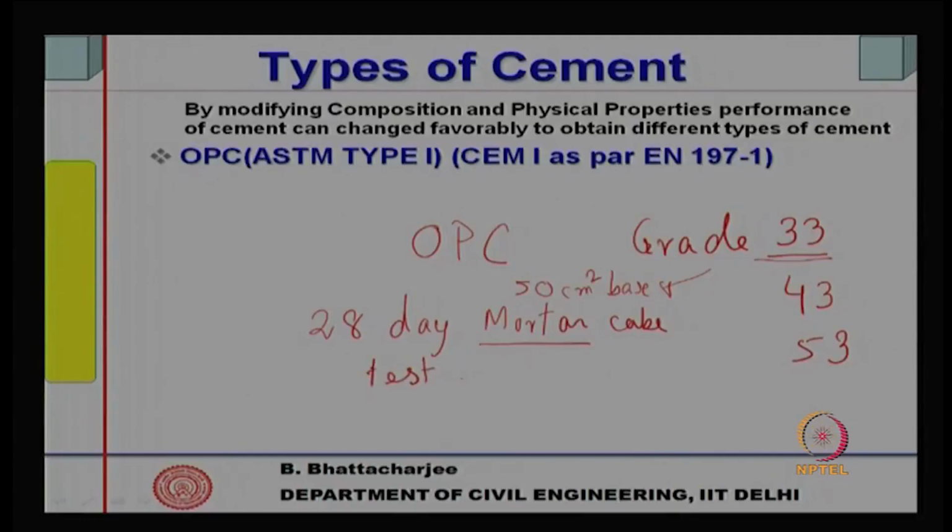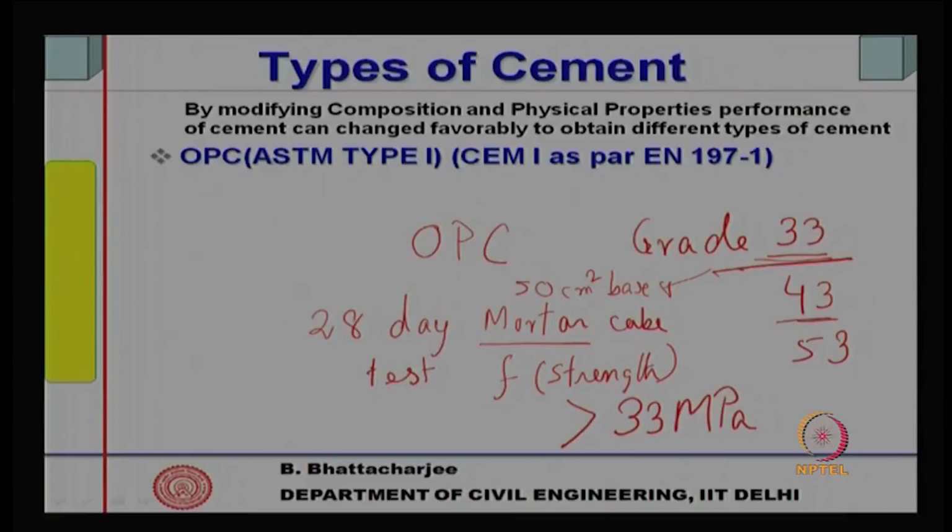When you do it, if the strength is greater than 33 MPa, then you call it grade 33 cement in the Indian context.